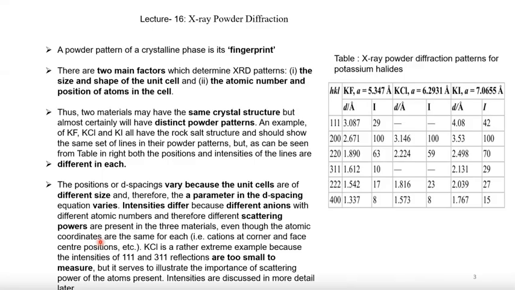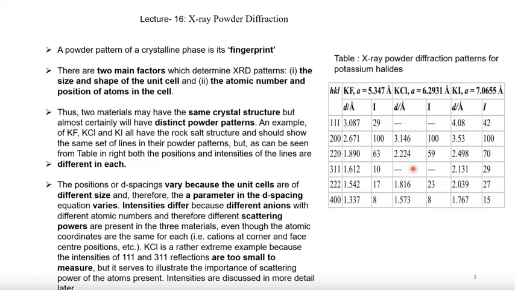What it says is that in the unit cell the atomic positions may be the same, but the size of the atoms, etc., give different intensities, and thereby the powder patterns are different. And you can see extreme examples. For KCl, the 111 has almost no intensity, and the 311 is almost no intensity, or too small to be measured.